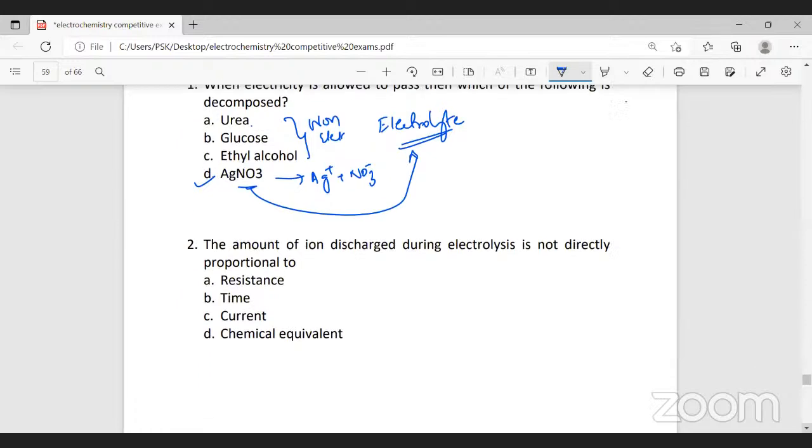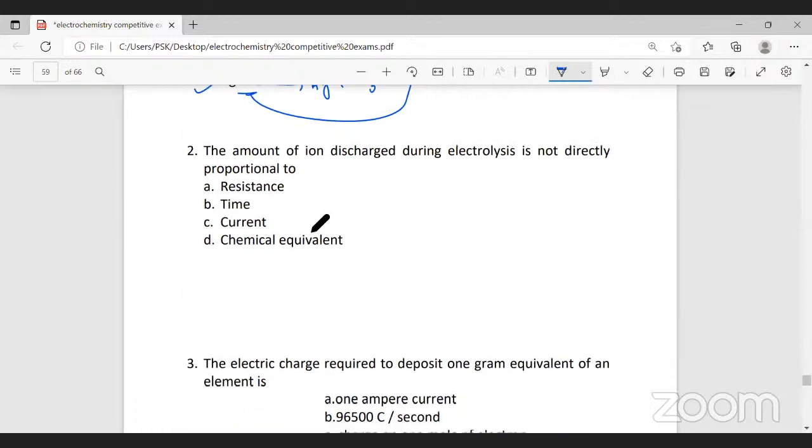The next question: the amount of ion discharged during electrolysis is not directly proportional to resistance, time, current, electrochemical equivalent. What's the answer?